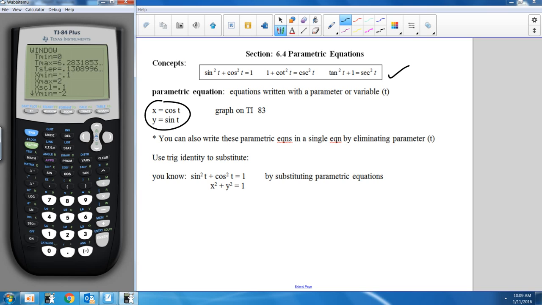My x-max should be 2 pi. And then my x's are going to go from 0 to 2 pi, which are the same thing as my t's. Okay, that's fine. My y's are going to go from -2 to 2. That should be fine. And now when I go ahead and graph that, hopefully it gives me a better graph.